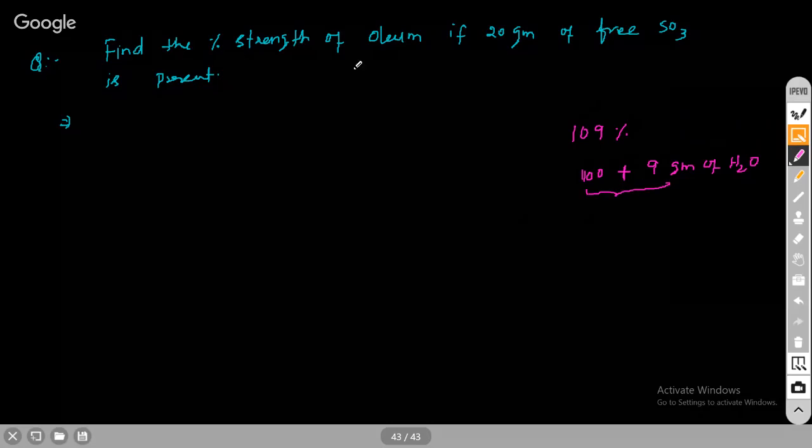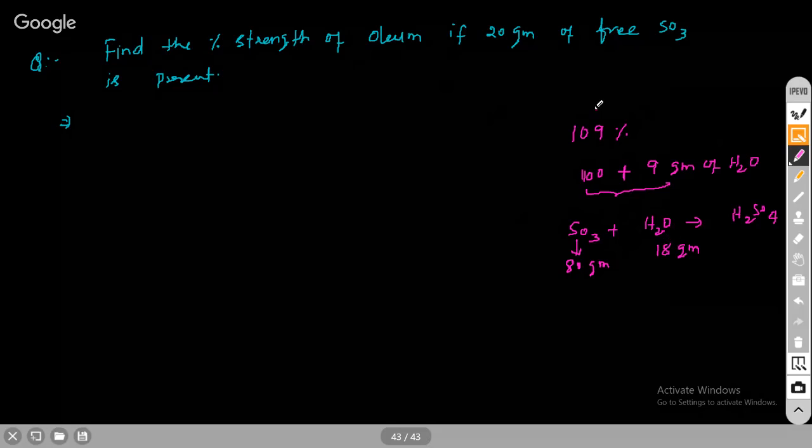And this 9 gram of water, when you write down this reaction, SO3 and H2O gives H2SO4. So this is always true, that 18 gram of H2O reacts with 80 gram of SO3. Both are the molar masses.